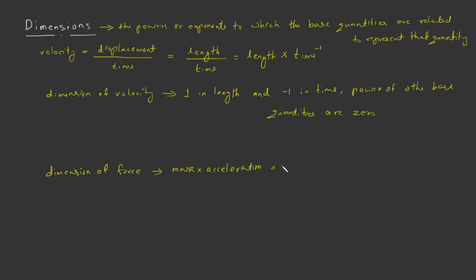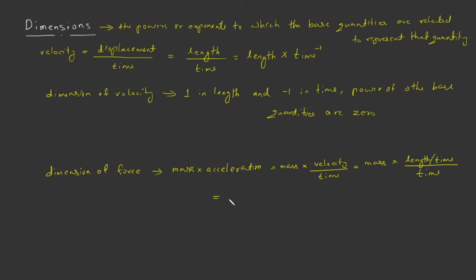Acceleration is velocity divided by time, and velocity is length by time. So, here it is length divided by time divided by time.